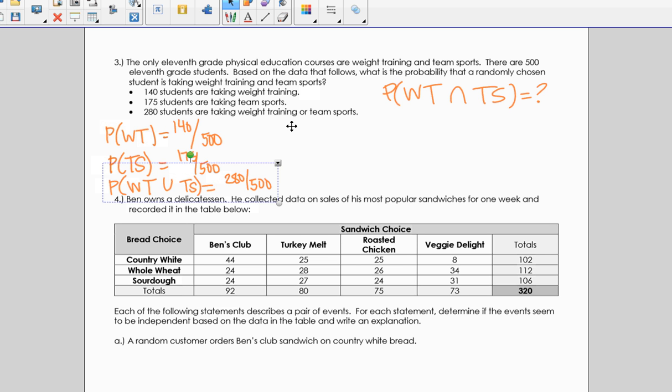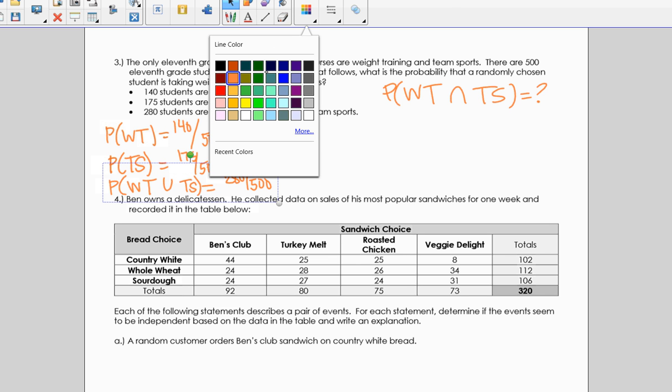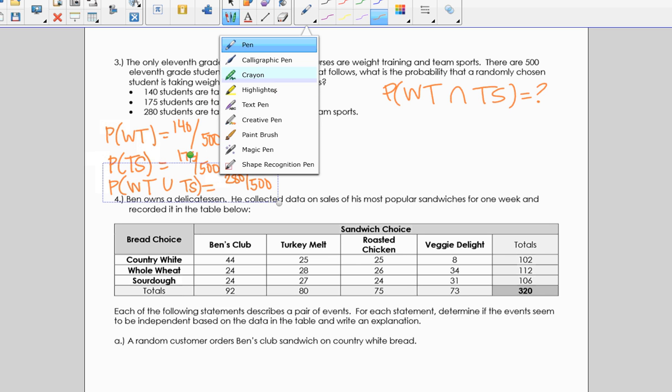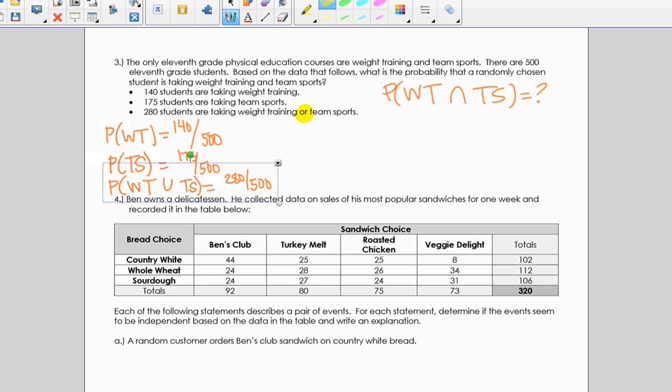So you guys, some keywords here are "or," that's a big one, and "and." As soon as you see "or," you have to default to the addition rule. If you look, we have everything we need for the addition rule.